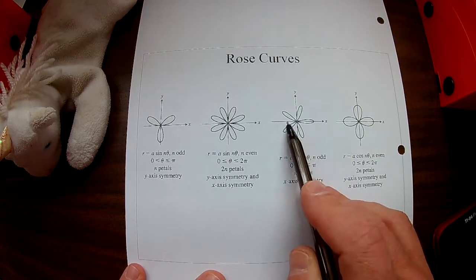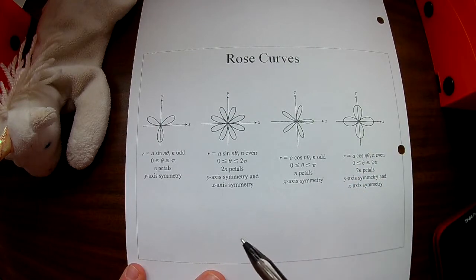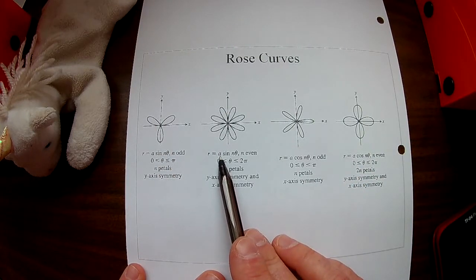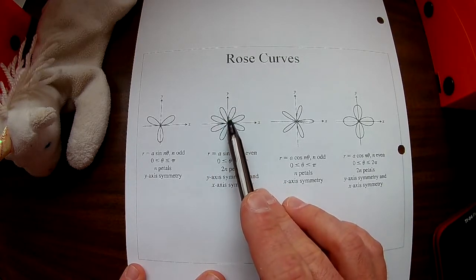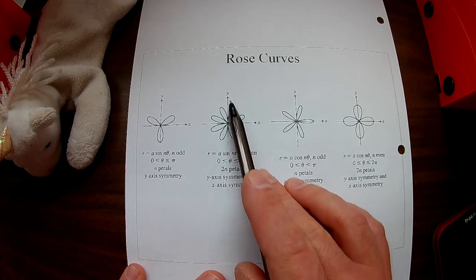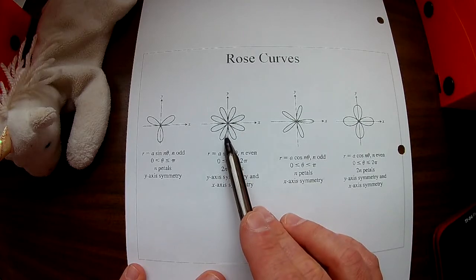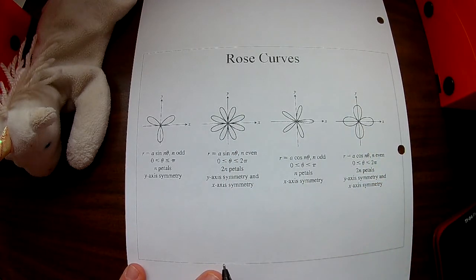If you have cosine, it's going to straddle the x-axis. Really don't need to know this, but it's fun stuff to know. If you have biaxial symmetry, two axes of symmetry, and you have sine, the axes are not going to split the petals. If you have cosine, the axes are going to split the petals.